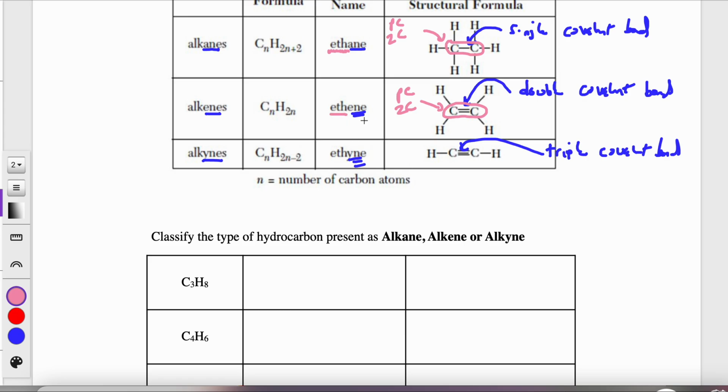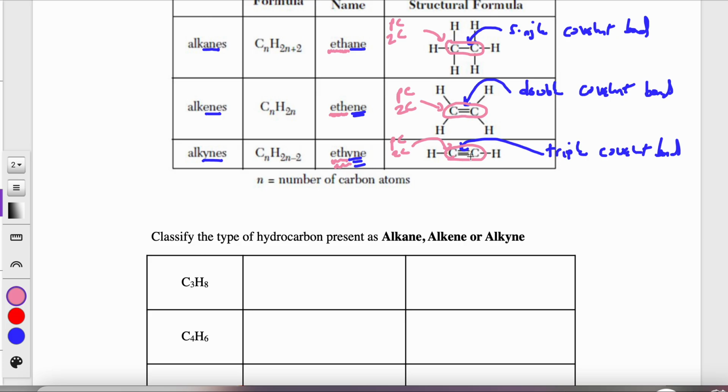So that's where the eth comes from. And lastly, the ethyne, when you look at the structure, there are only 2 carbons in the parent chain. So it's a 2-carbon parent chain. So it's also an eth. So the eth, the prefix, tells us the number of carbons that we can circle, and the ane, ene, or yne tells us the type of bonding that we can expect to see.